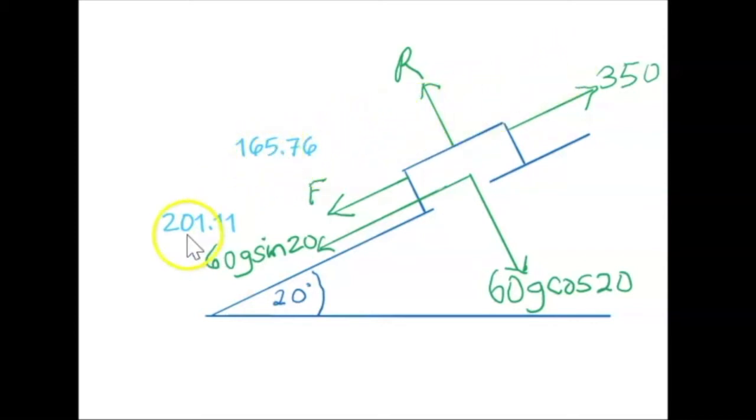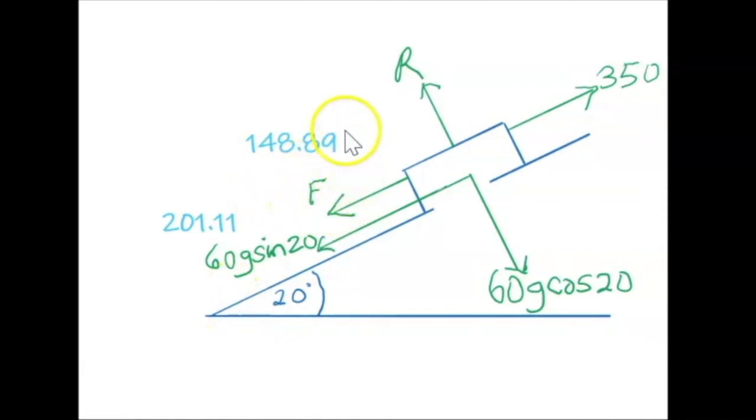But we notice if we look at the 201.11 and the 165.76 and add those together, we get 366.87, so that total force is bigger than the 350, so it will not move up the plane.